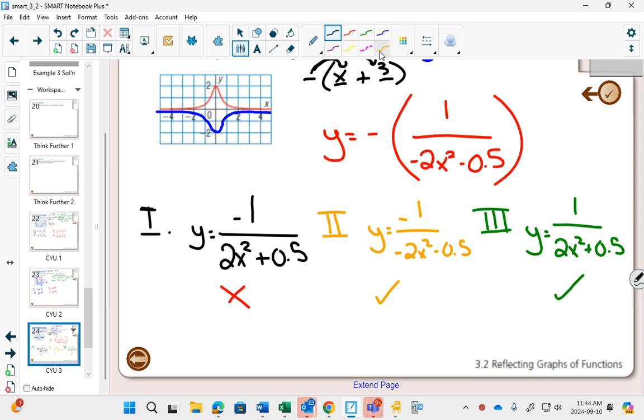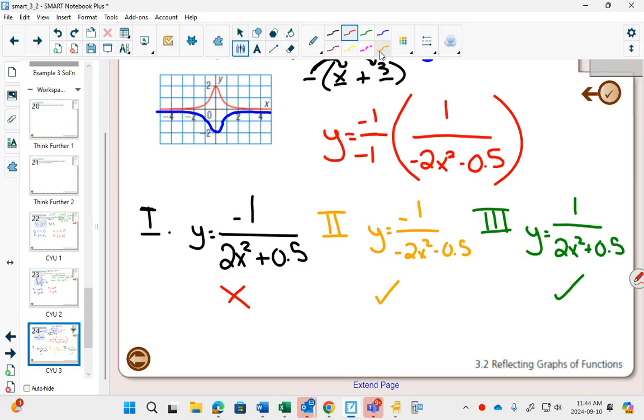So we have to think, what are our rules for multiplying fractions? Right? You need to multiply the top and multiply the bottom. And if I have a -1 out in front and I wanted to write that as a fraction, I could write it -1 over 1, or I could write it 1 over -1. But I cannot write it -1 over -1 because then it would be positive.